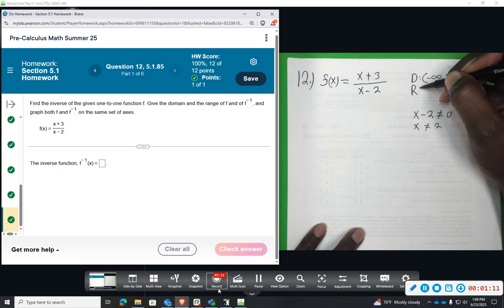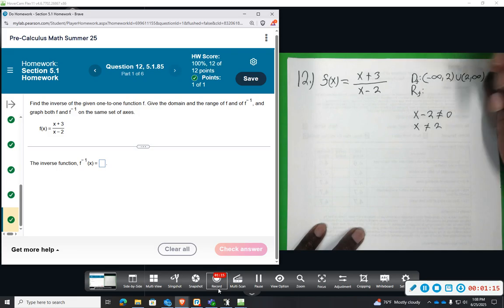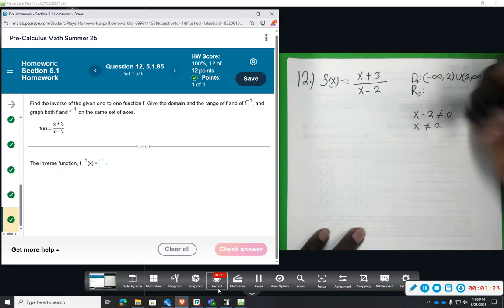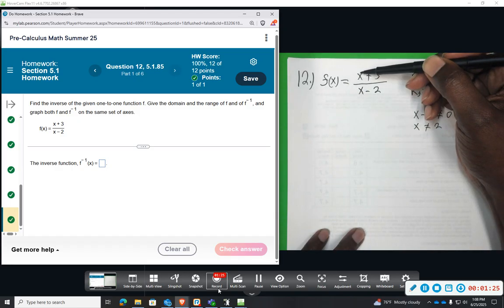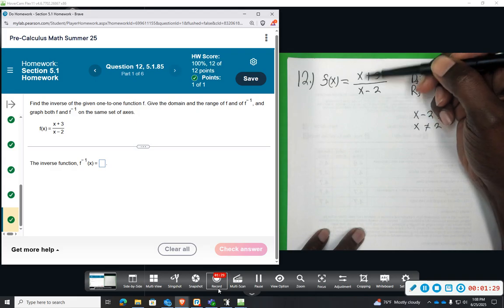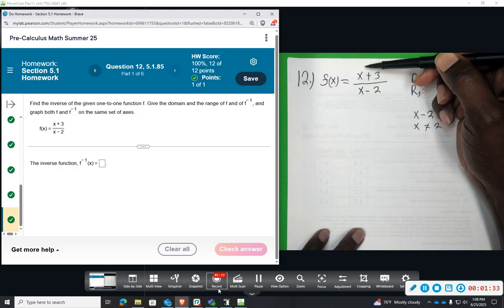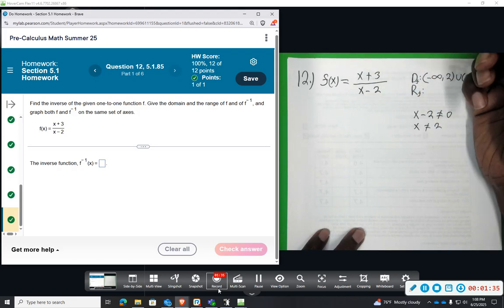Now with our range. Remember when we looked at rational functions, we had to deal with asymptotes. They were from the domain, and then we had to look at the degree of the numerator and denominator in comparison rules. Either they had the same degree, the top was larger, or the bottom was larger, and that would determine your asymptote.